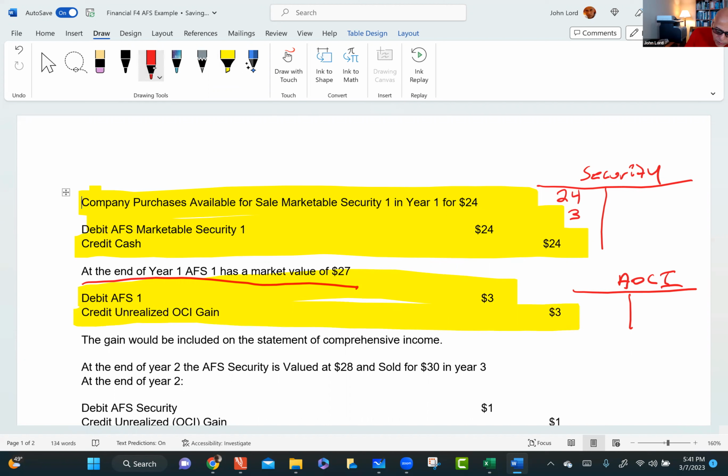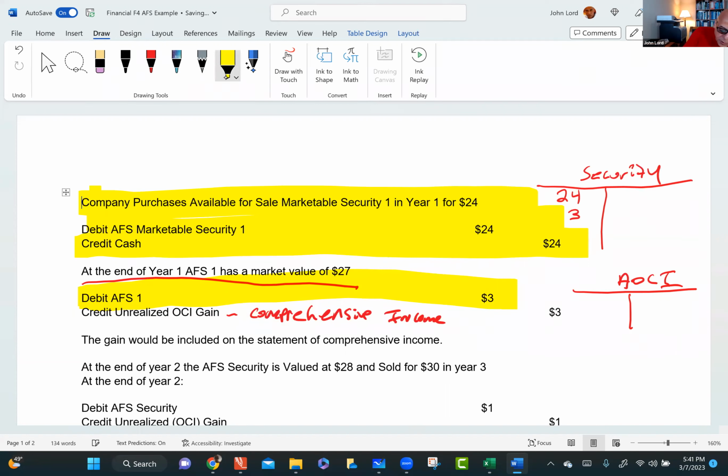That is reported not on my income statement, but on my what? Comprehensive income. Okay, now ultimately what happens? I would close my comprehensive income to what?